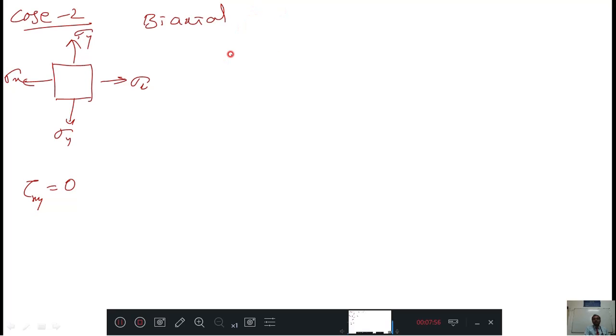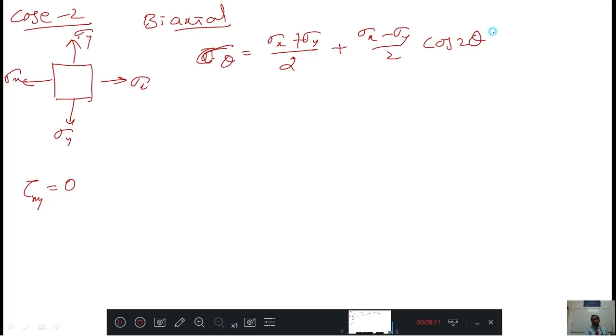Therefore, the sigma theta formula: sigma x plus sigma y by 2, plus sigma x minus sigma y by 2 cos 2 theta, plus tau xy sin 2 theta, but this is not there because tau xy is 0.